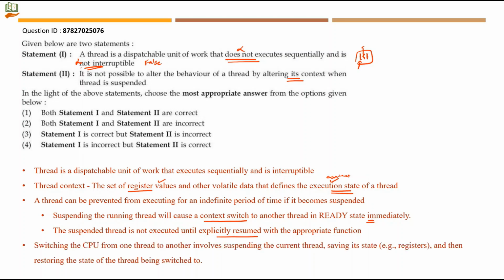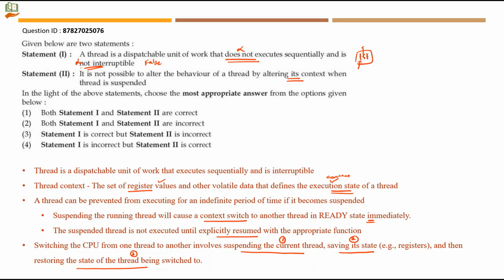Switching the CPU from one thread to another involves suspending the current thread, saving its state, and then restoring the state of the thread being switched to. There are 3 things happening. One is the current thread will be suspended, the current thread's state will be saved in the appropriate registers, and then it will restore the state of the thread that it is being switched to.